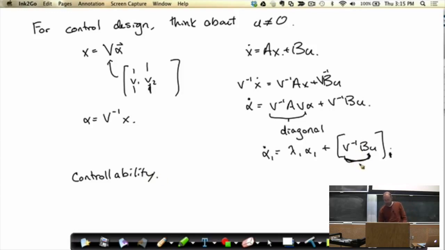Checking that this is non-zero is a simple thing to do when you're lucky enough to have linearly independent eigenvectors. But in general, there's a controllability Gramian, which is the formal way to check controllability of a system.